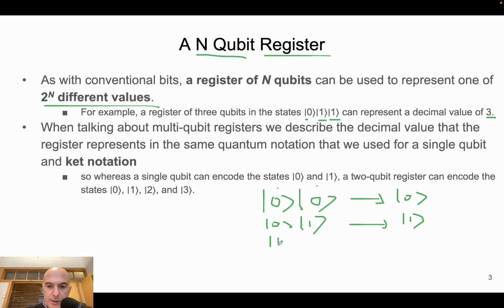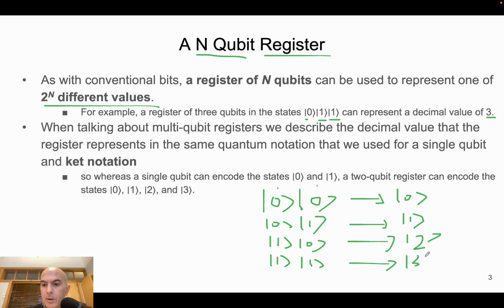If the second qubit is in state 1 and the first qubit is in state 0, this is going to be used to represent the state 2. And finally, if both qubits are in state 1, this will be used to represent the state 3.